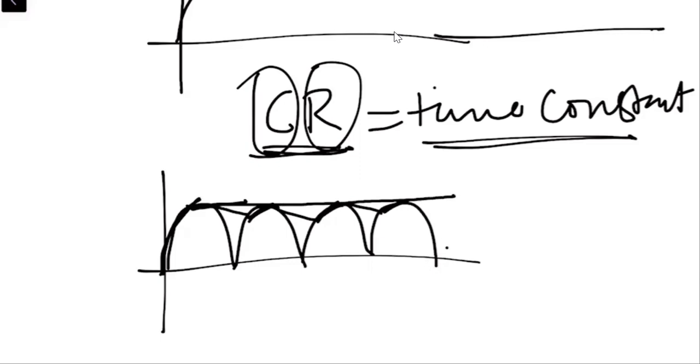And when it can maintain the charge at the peak value, this is called the conversion of the AC signal into DC signal, right? That is basically the purpose of the rectifier. When the filter is connected with the rectifier, we get an output which is close to DC, depending upon the time constant, or depending upon the value of the capacitor and that of the resistor. Okay, so this is how things are.